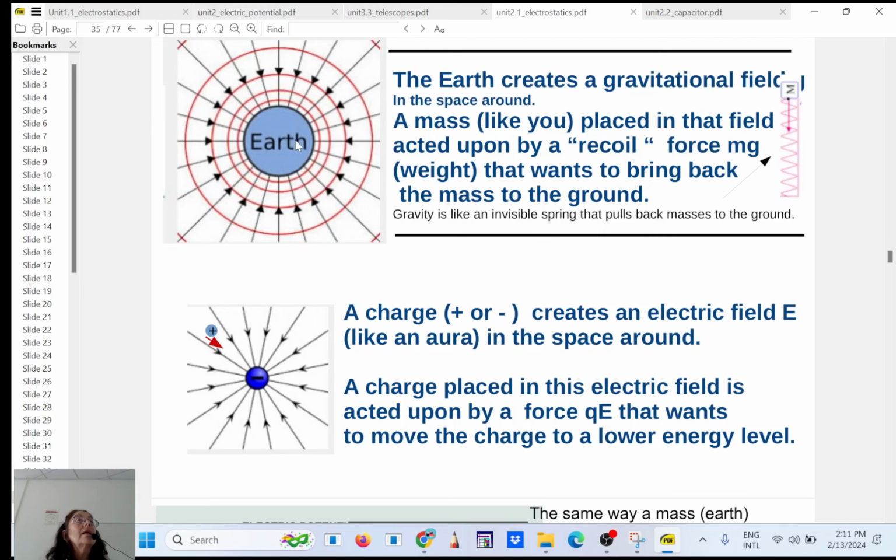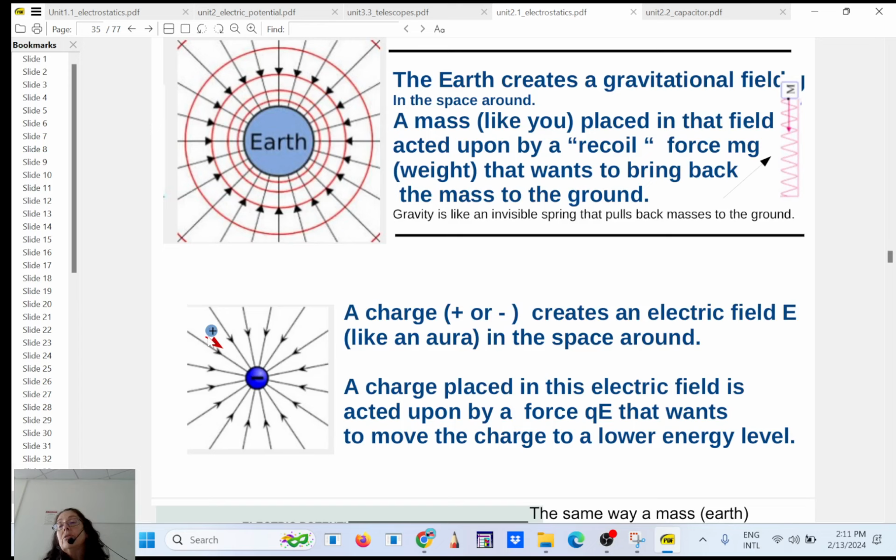Here the force is mg. Here, instead of having a mass, I have a charge Q, so it's also a property of matter. And the field, we call that E. So the force will be QE. Excellent. Any source here, like a Van de Graaff generator, will produce an electric field around.